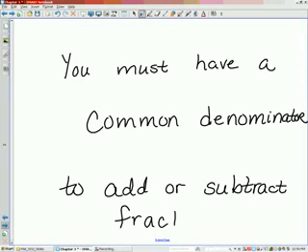Remember, this is different from my rules for multiplication and division. The denominators do not have to be the same, but they do have to be for addition and subtraction.